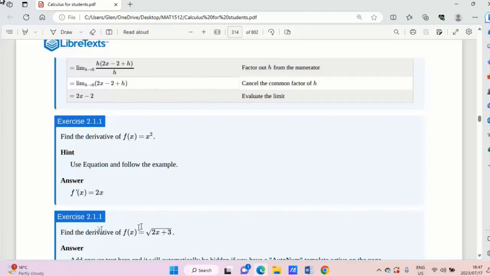My numerator would be 2, and then I still have that fraction of the square root of 2x plus h plus 3 plus 2x plus 3. Then from there, I just applied the limit.